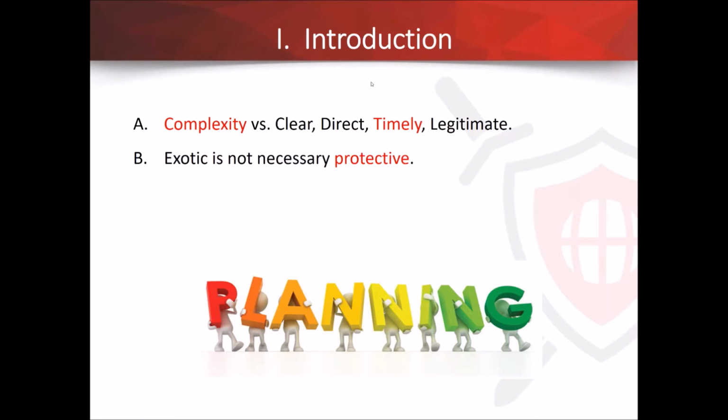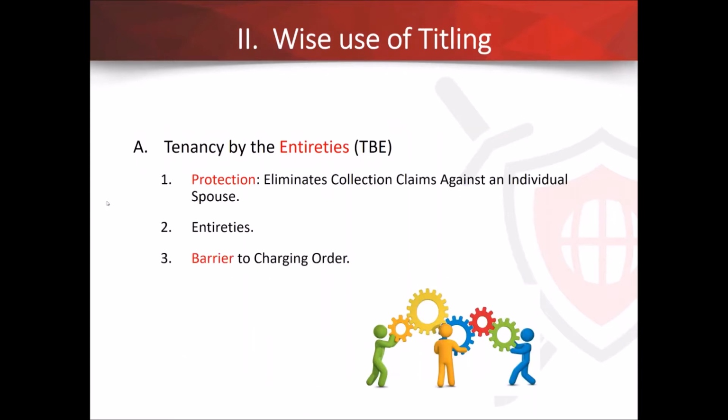Some of the things that we've talked about in prior webinars are some of the more exotic plans, and we've shown where sometimes that can actually backfire. So today, hopefully, we'll be able to give you some stuff that you can do in your general practice and some ideas to simply protect your clients.